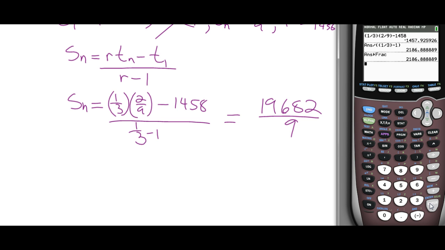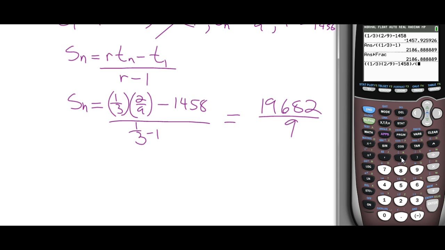So, okay, I'm wondering what if we did the whole thing as one? Yeah, I already tried that and it didn't do anything. So 1/3, 2 ninths, minus 1458. That's the top, and that's all in brackets, divided by, and now double brackets to separate the top.